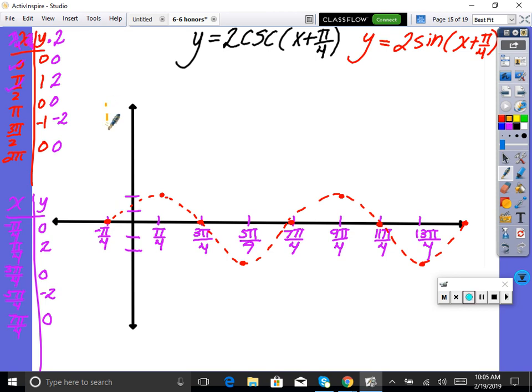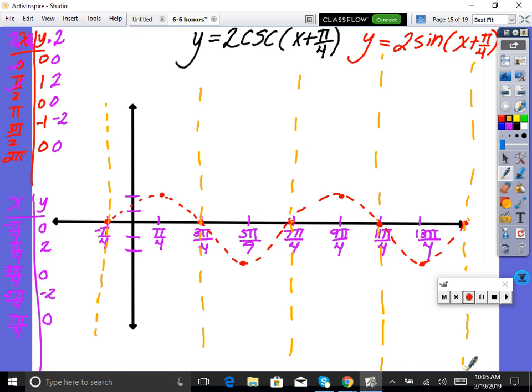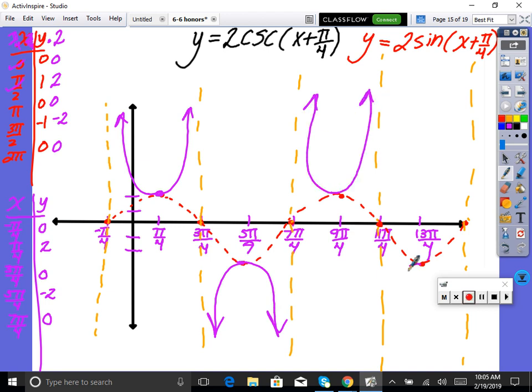So you'd draw your vertical asymptote wherever it touches or crosses the x-axis. Then do you guys feel confident from here on what to do? Frown becomes a smile. Pretty easy, as long as you can graph sine and cosine.